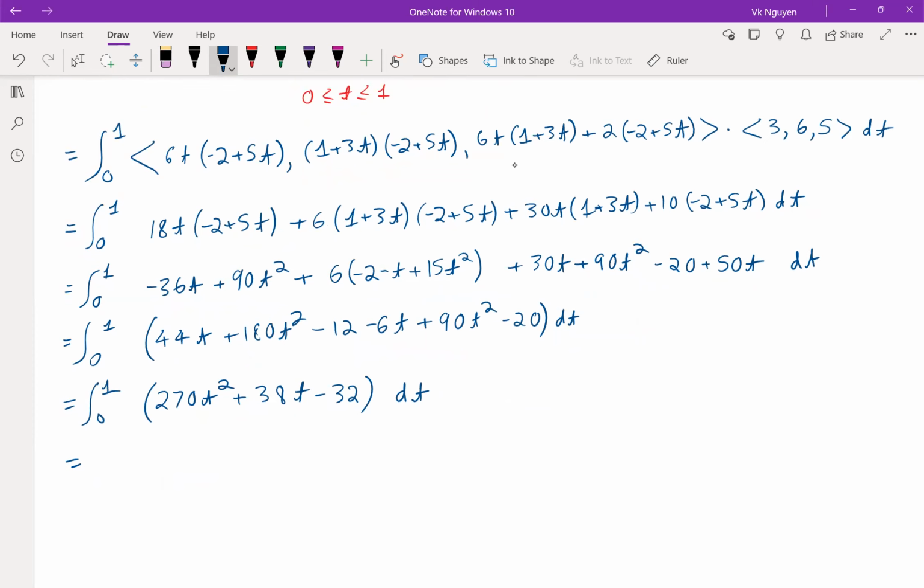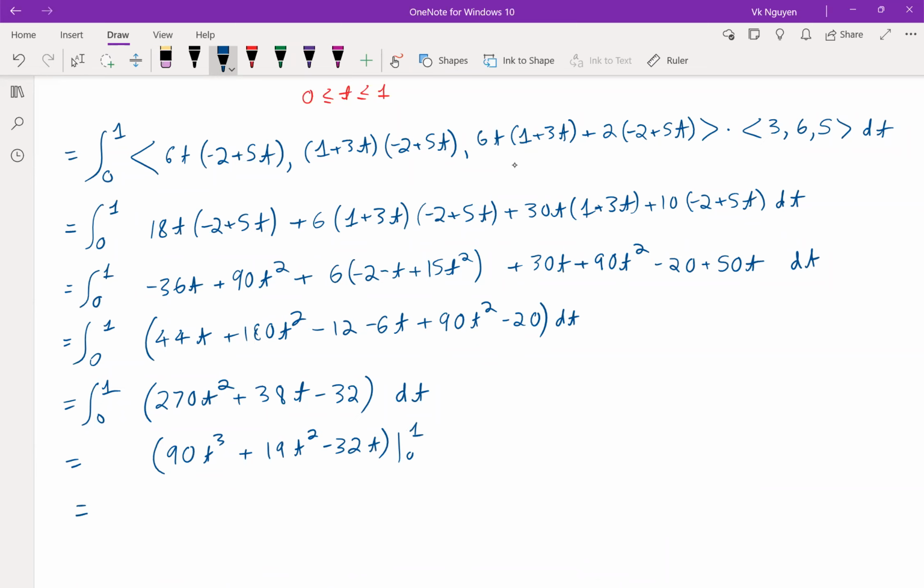Okay, so 270 divided by 3 is the 90t cubed, right here, under here. 38 divided by 2 is the 19t squared minus 32t, 0 to 1.